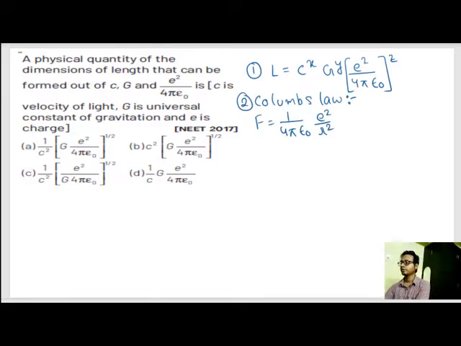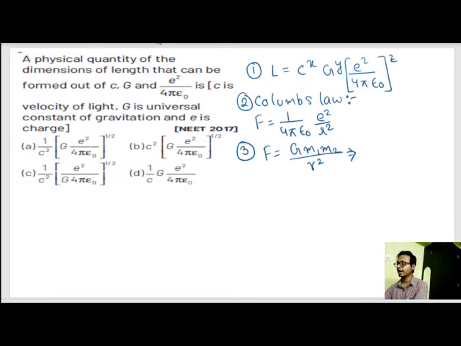Now the third term, G. We can find G in the gravitation chapter. The force between two gravitational bodies is equal to G m1 m2 by R square.